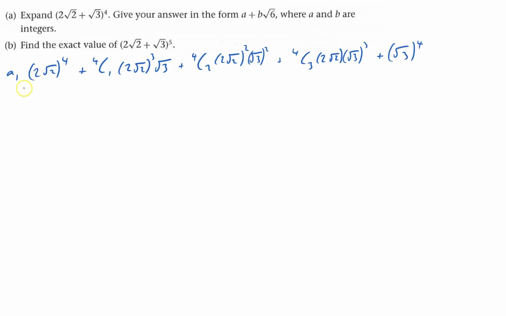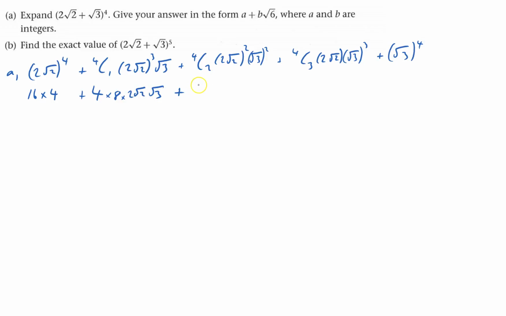So this equals 2 to the power 4 is 16, times √2 times √2 is 2, times another one, and then times another one, that's going to be 4. Plus 4 times 2 cubed is 8, and then (√2)^3 is √2 times √2, that's 2, times by √2 is 2√2, times by that √3.